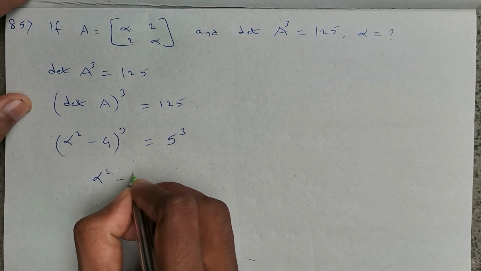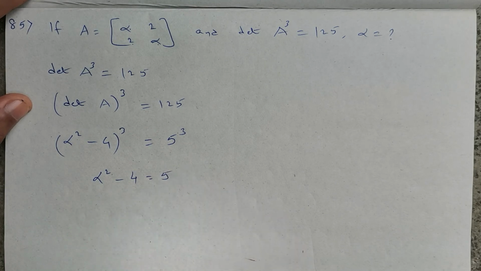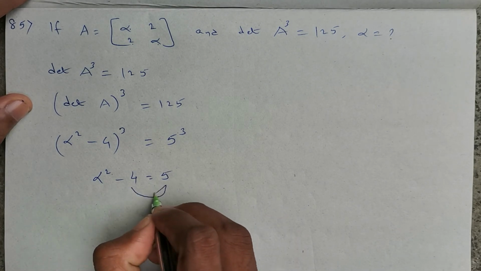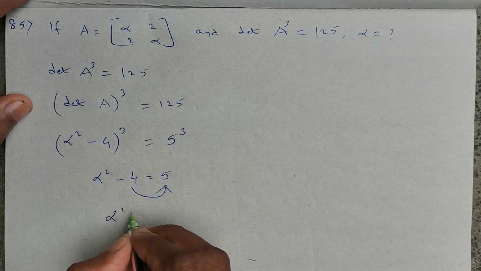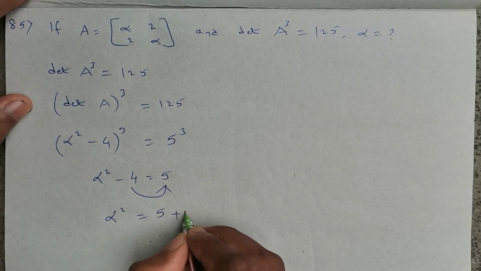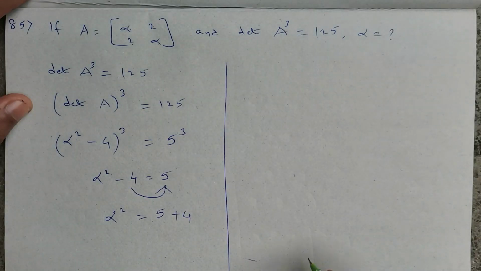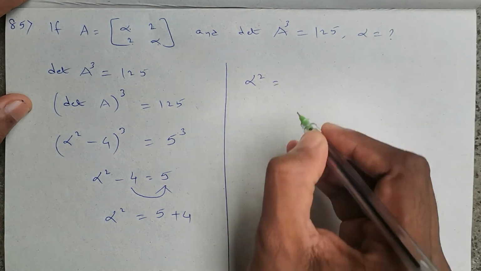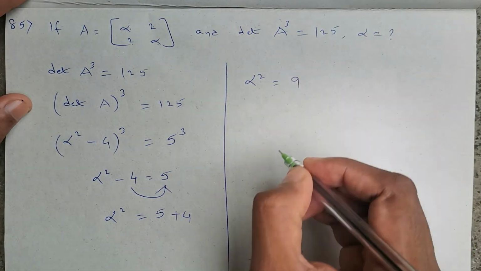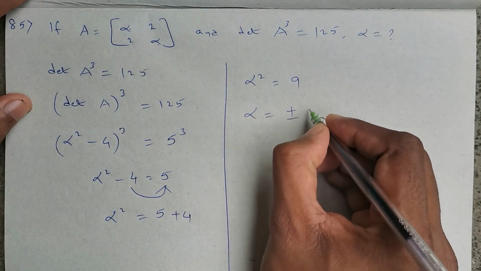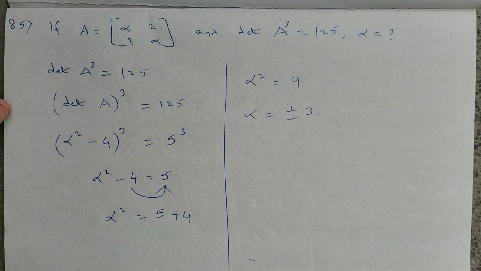That is alpha square minus 4 is equal to 5. Minus 4 I will take to the right side, it will become plus 4. So alpha square is equal to 5 plus 4, which is 9. Then the alpha value is plus or minus 3.